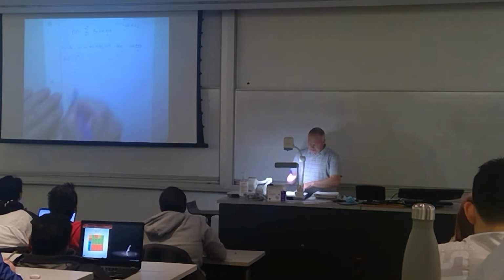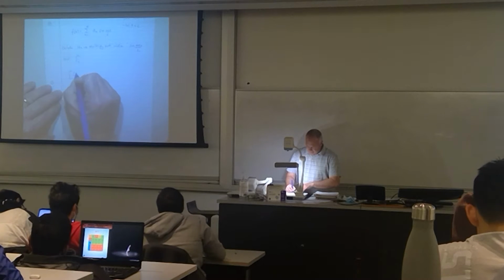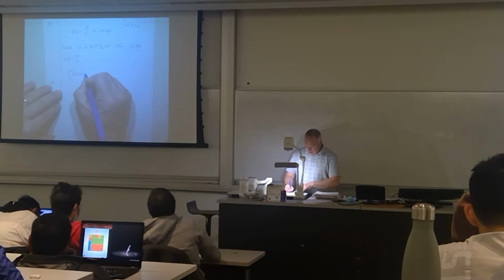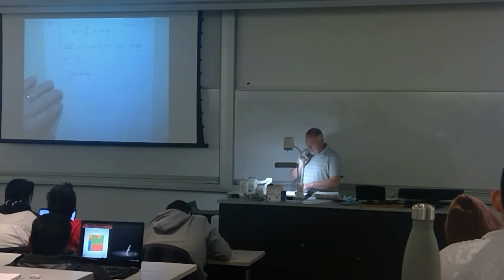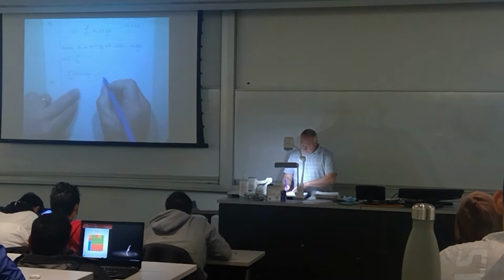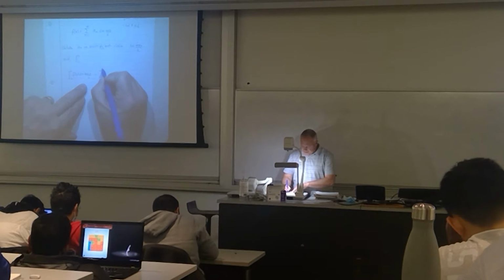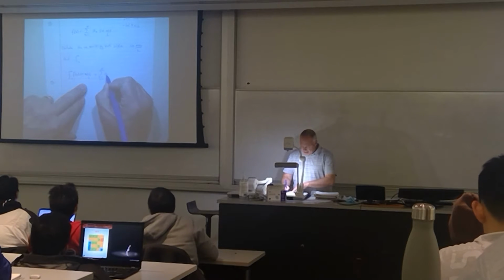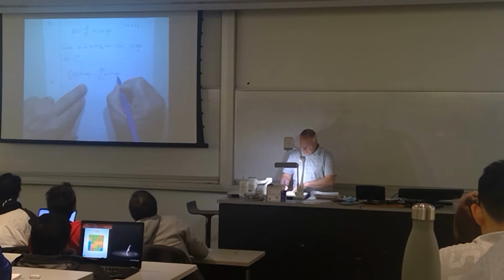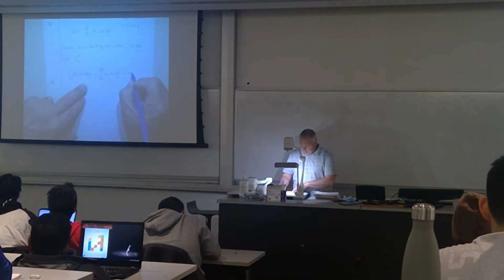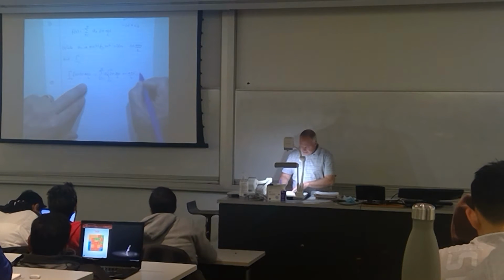So that means on the left side of the equation, I have the integral from minus L to L of f of x sine m pi x over L. And on the other side of the equation, I have the sum n equals 1 to infinity of a_n sine n pi x over L sine m pi x over L. And then I better integrate minus L to L dx.